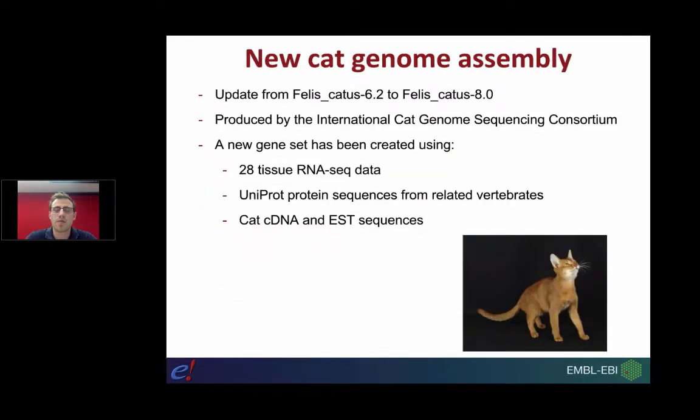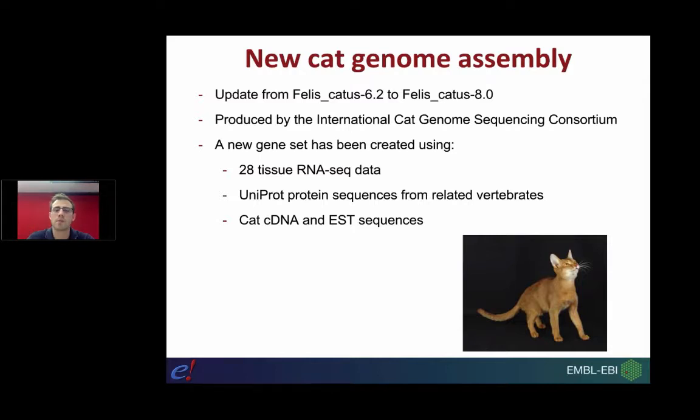Away from primates, we've also updated the genome assembly available for cat. So in Ensembl 90 and in previous releases, the genome assembly that we used was the Felis catus 6.2, but now we've updated to the Felis catus 8.0, which is a newer version of the cat genome assembly. And this was produced by the International Cat Genome Sequencing Consortium.